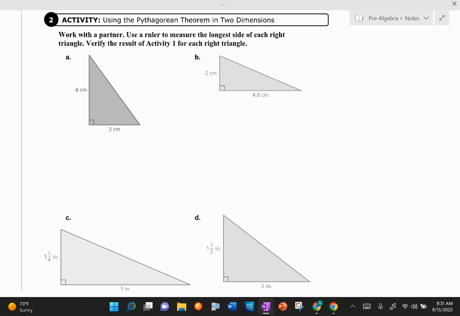If you have your own ruler, you may get it out. If you don't, we're just going to take one and pass them. If it's in the plastic, you can take it out.